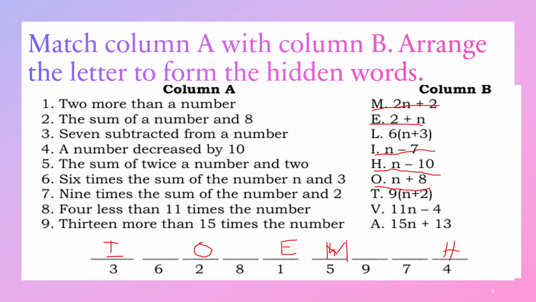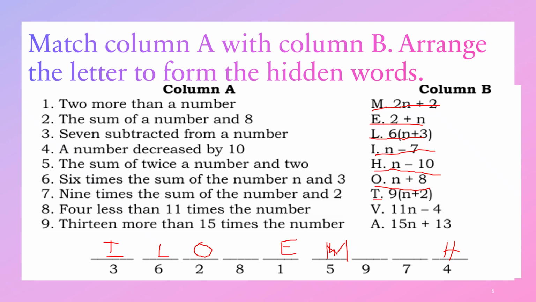Then number 6, 6 times the sum of a number N and 3. Okay, so we have L. So that means number 6 is L. Okay, number 7, 9 times the sum of a number and 2.